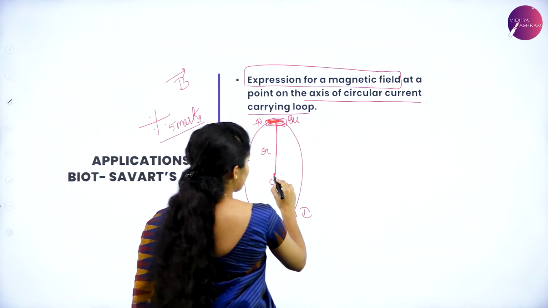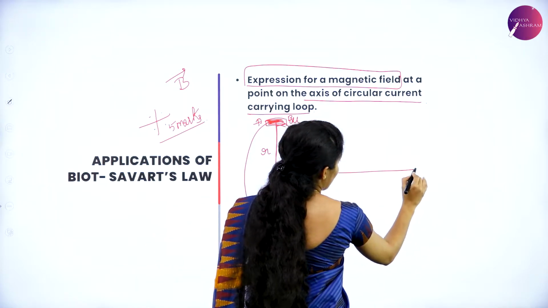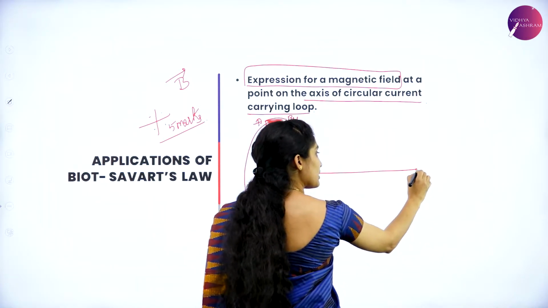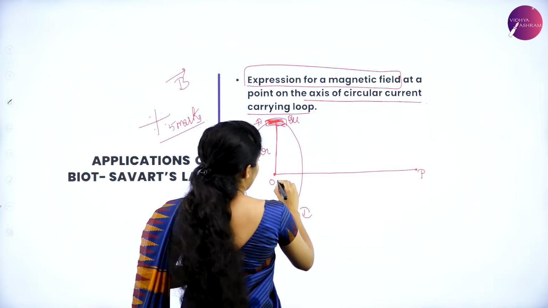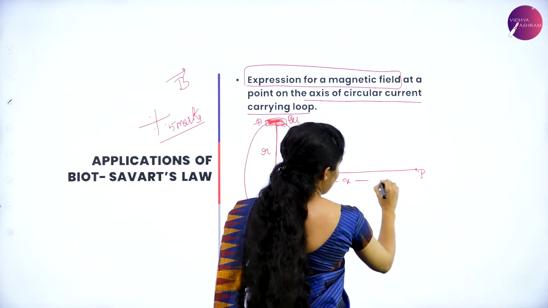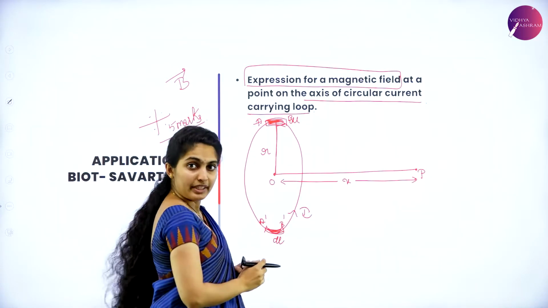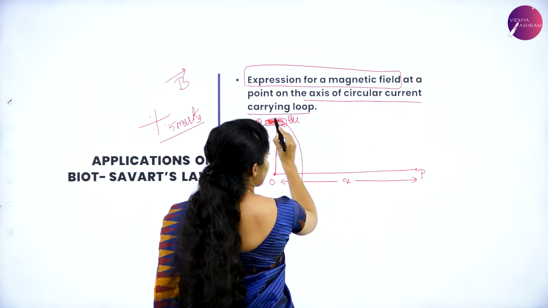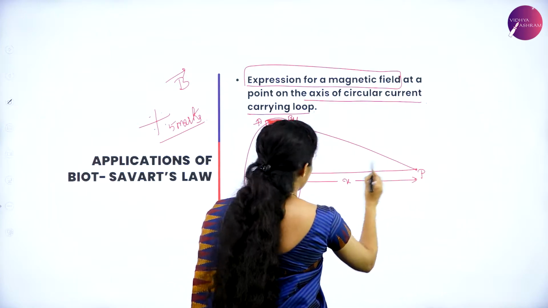And that magnetic force is to be calculated at a certain distance, at point P. And that distance, call it as distance x from P. The line element to the point P is being attached.